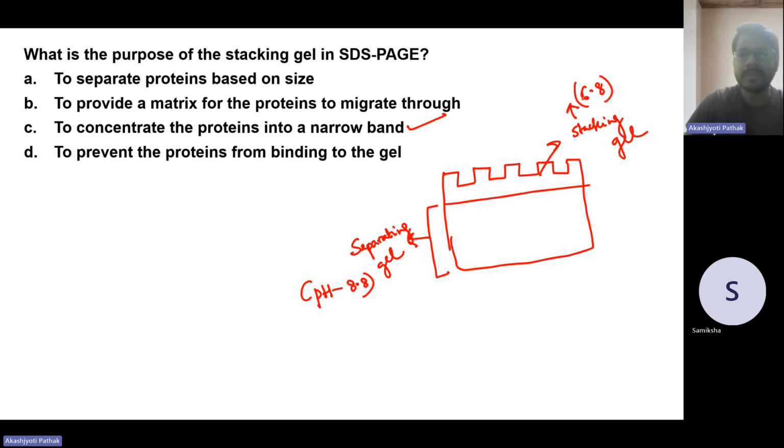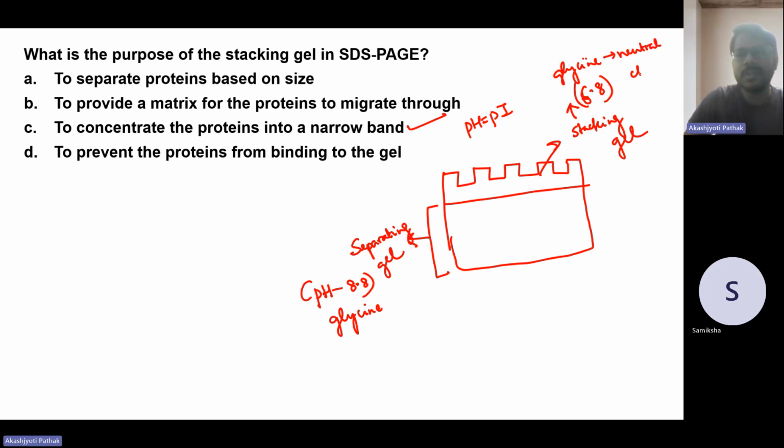So what happens now? Your running buffer also has glycine. The pI of glycine is around 6.5. So in the stacking gel, since the pH is almost equal to the pI, the glycine has a neutral charge.